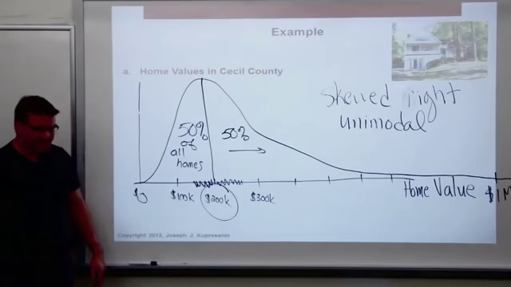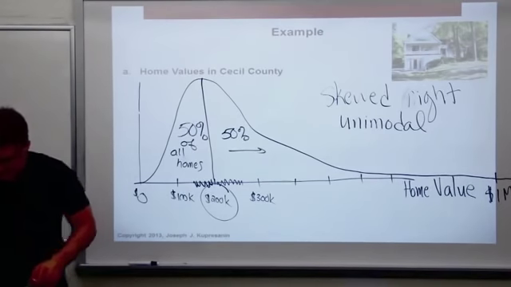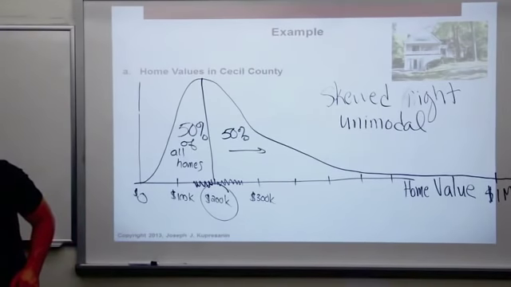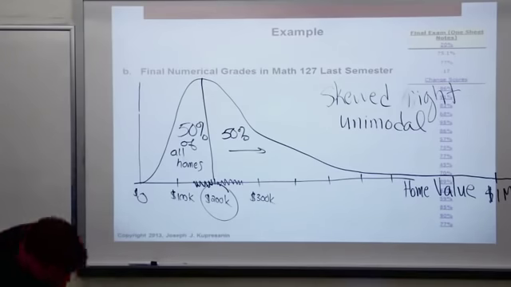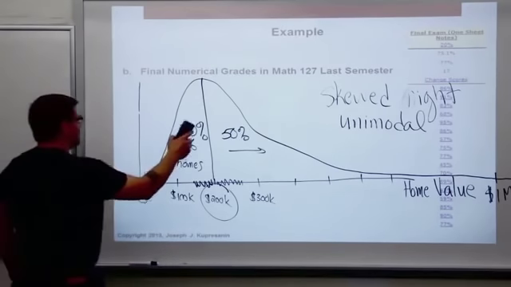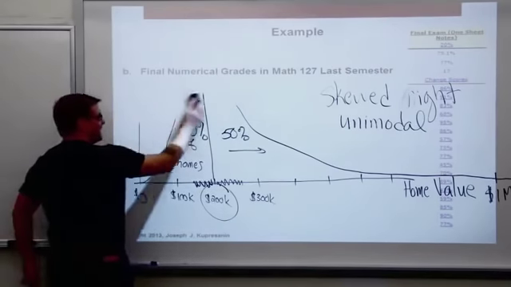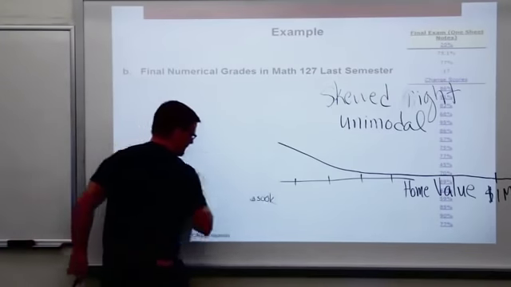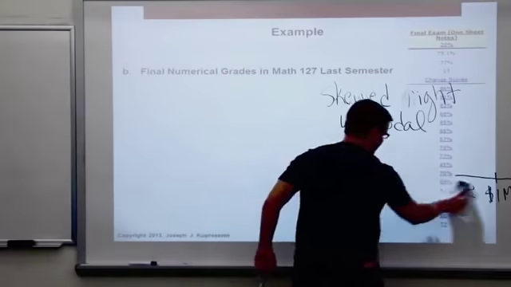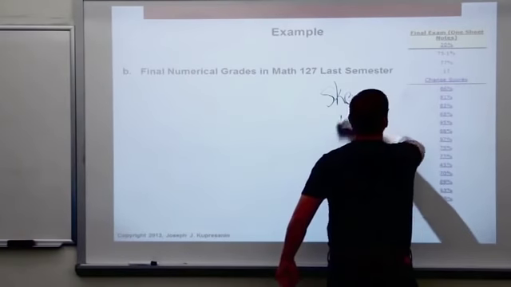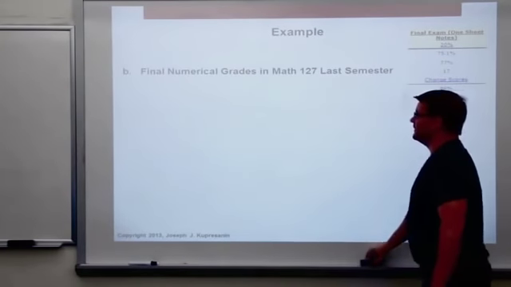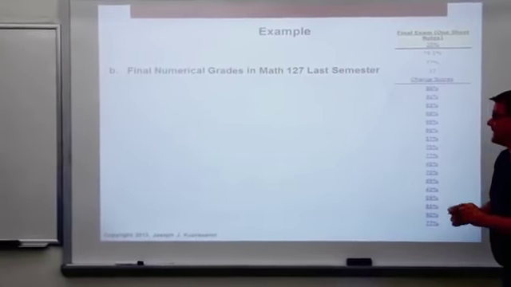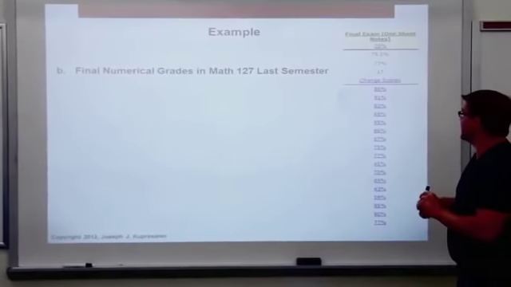All right. I think there's one more, then we're done with this video lesson. Last one, numerical grades in a Math 127 course. So the variables, final grades, last semester in statistics.